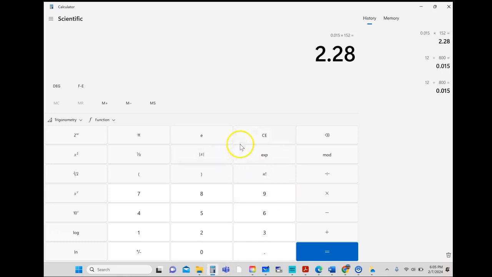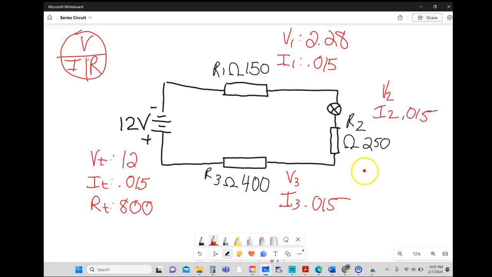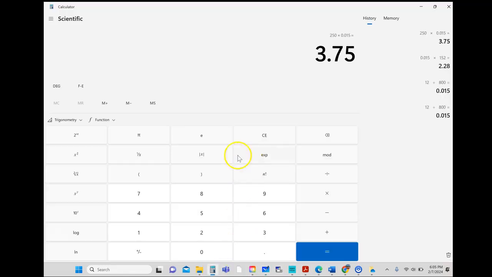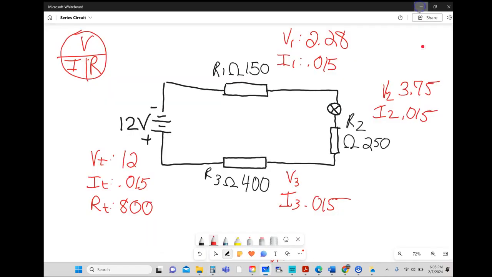So 250 times 0.015 equals 3.75. And then the last one is 400, and my current is still the same. So 400 times 0.015 equals 6.